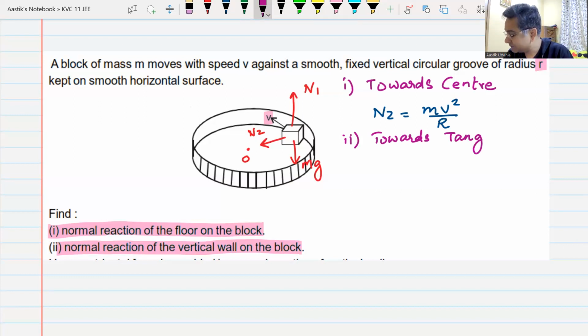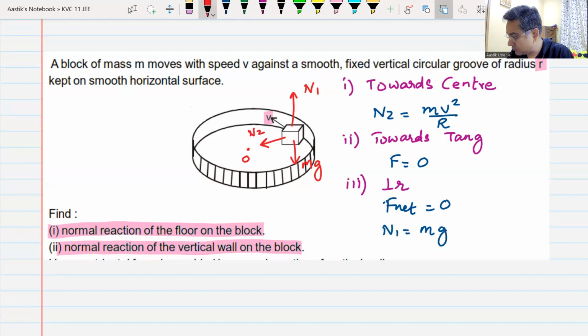Therefore, the force is 0. I make the third equation in the perpendicular direction. Perpendicular direction is the vertical direction. The net force must be 0, which means N1 is equal to mg. And these are the answers that we were looking at.